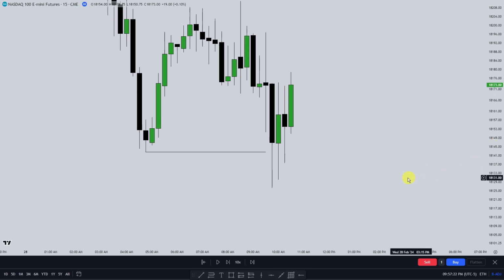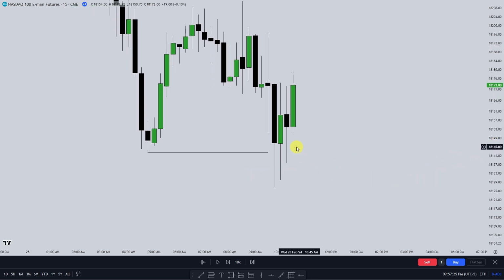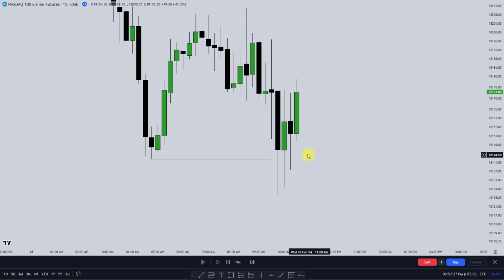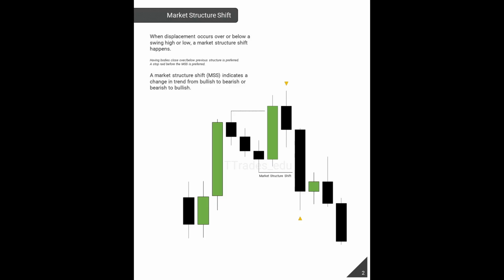And I'll just say this one more time for you guys. There has to be a close above or below. There must be a close below the swing low or swing high. And if there's displacement, then it is clear that is a market structure shift.